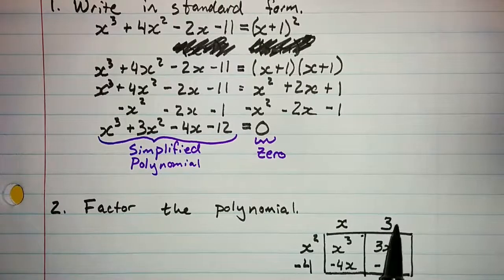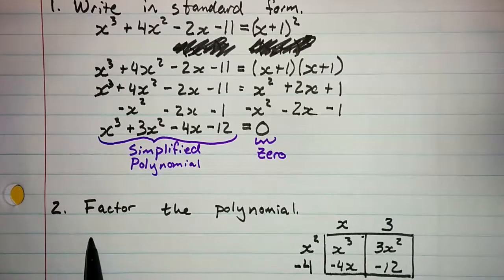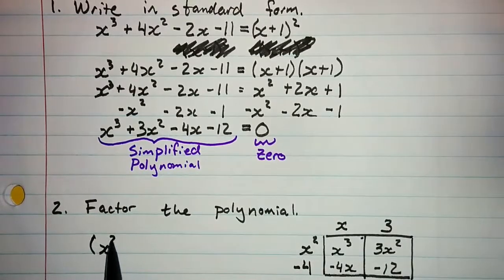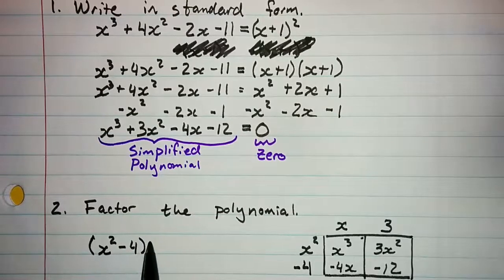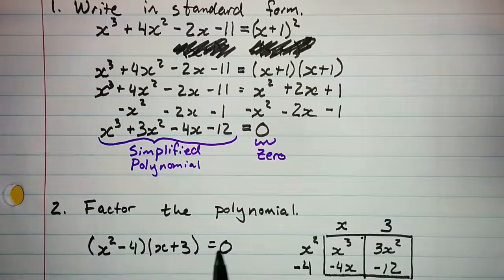X squared times 3 is 3x squared. Negative 4 times 3 is negative 12. So my polynomial factors as (x squared minus 4) times (x plus 3), and that's still equal to 0.